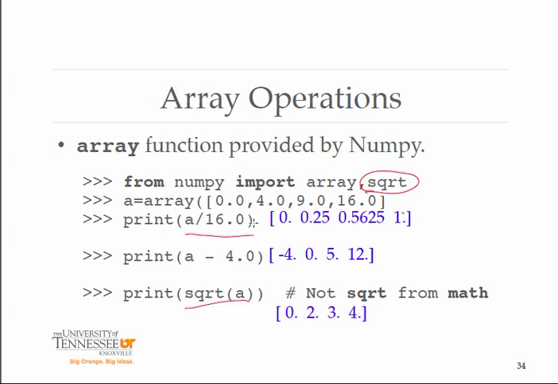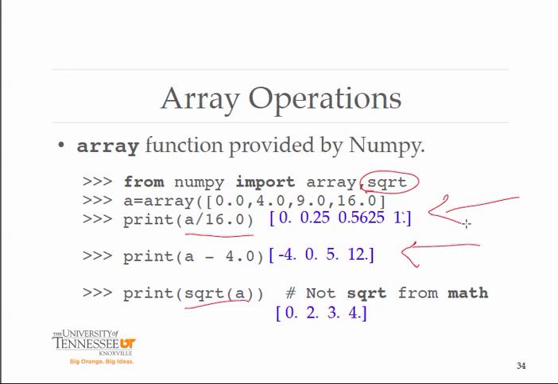No need for a loop at all. It's wonderful. So 16 gets divided into every one of those elements, and hence in blue here you have the result. Of course those are all floating point values on the output, because the original array was built with floating point values. Similarly, you could do subtraction, as indicated next here. Every element of the array is subtracted by 4.